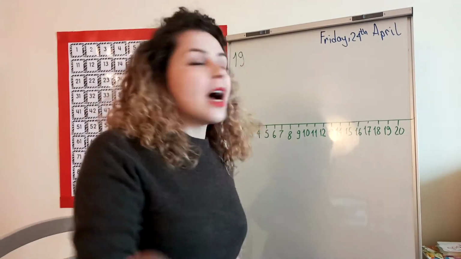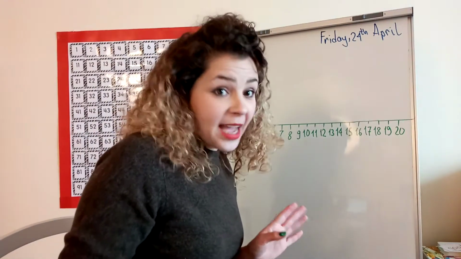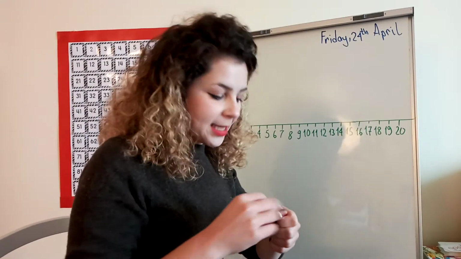Okay, so both of these numbers are bigger than 10 because we did 10 a very long time ago, and for a while back we've been using numbers which require 2 10 frames to be represented.